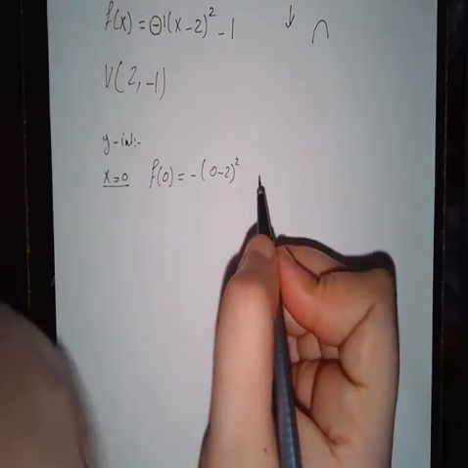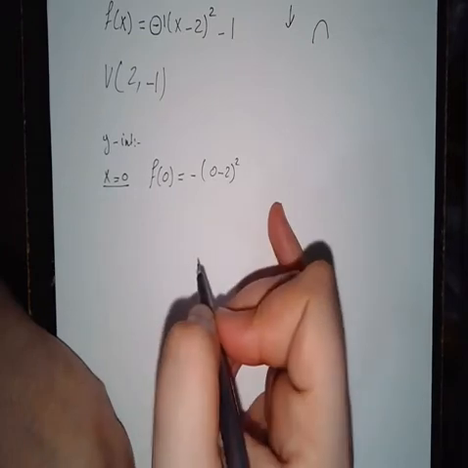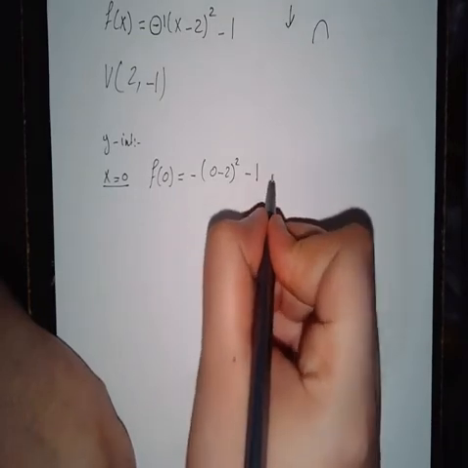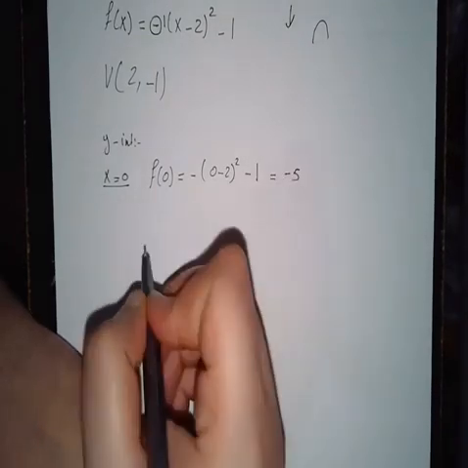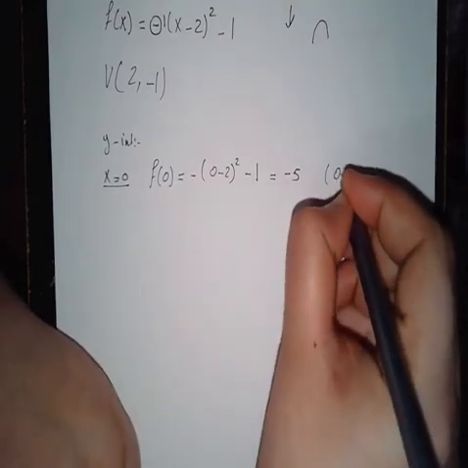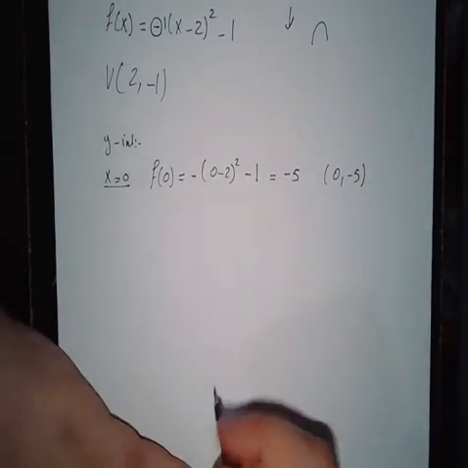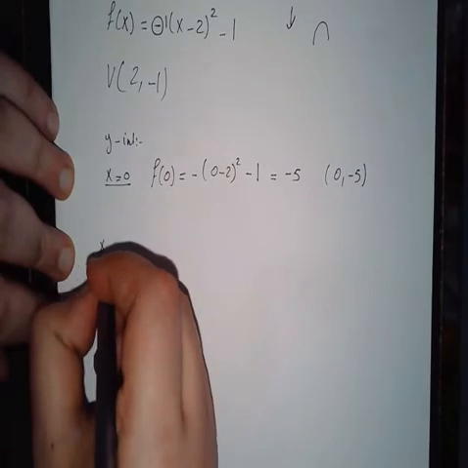So the answer is negative 2. Squared becomes positive 4. With the negative, the result is negative 4. Minus 1, and the answer is negative 5. Which means my y-intercept is 0, negative 5. Right? Okay. What about my x-intercept?